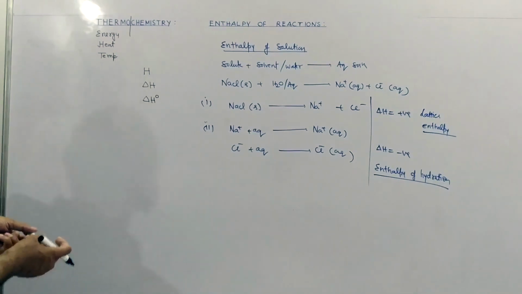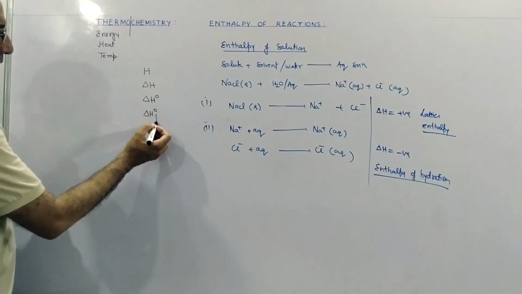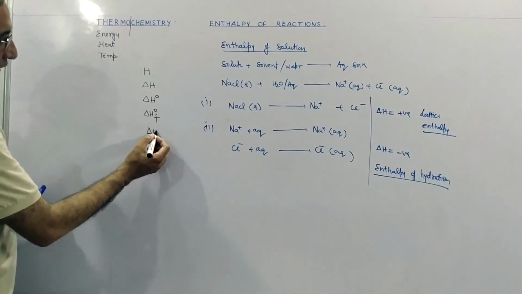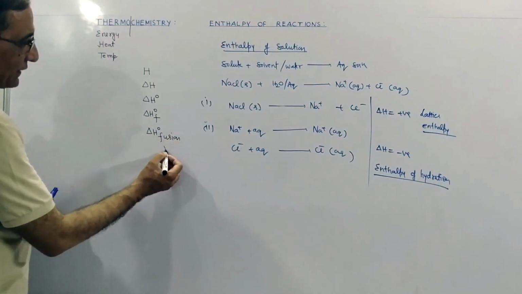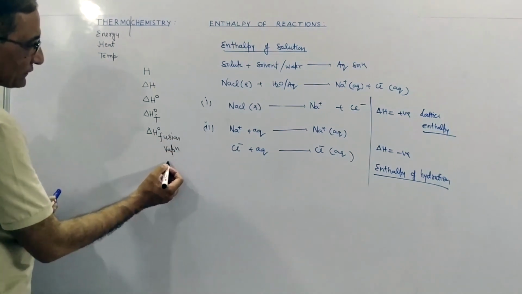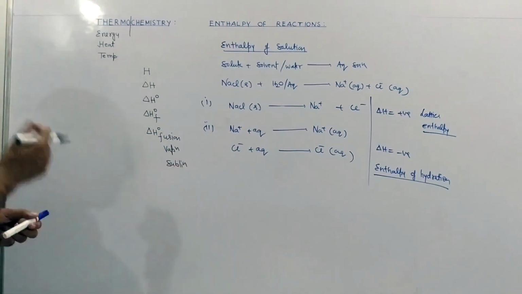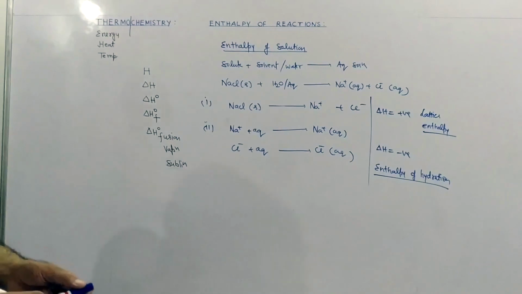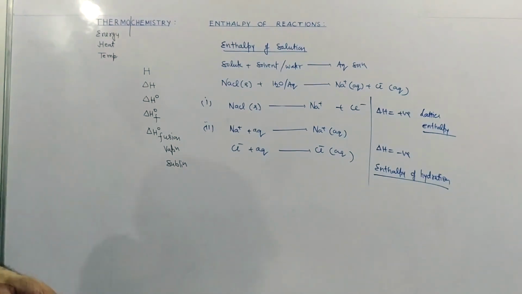Then we discussed various types of heats of reaction like standard enthalpy of formation, fusion, vaporization, sublimation, combustion, and we discussed various types of bond energies. It can be enthalpy of atomization, bond dissociation enthalpy, bond energy, and average bond energy.